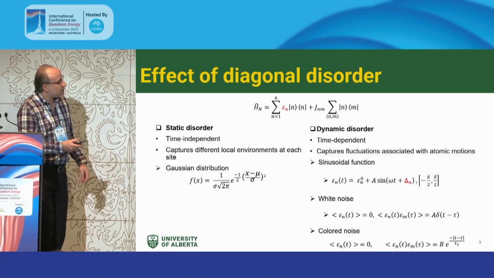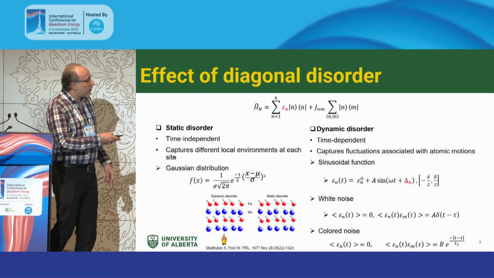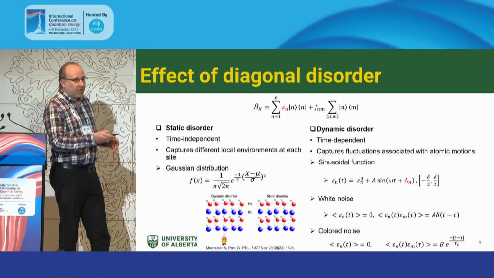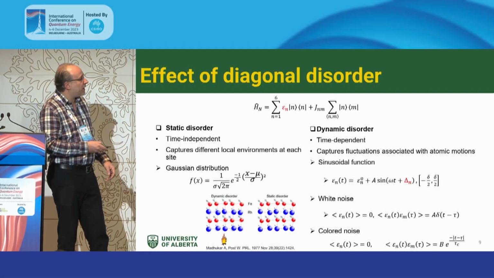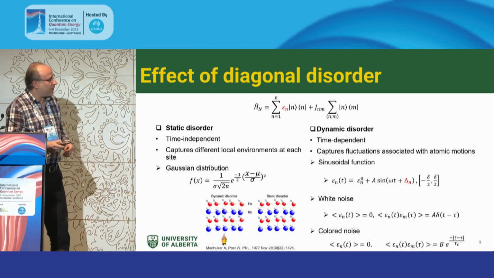I'm going to present results for these various cases. Dynamic disorder could, for example, capture the effect of temperature causing the atoms to fluctuate, whereas static disorder could correspond to defects in the lattice, for example.